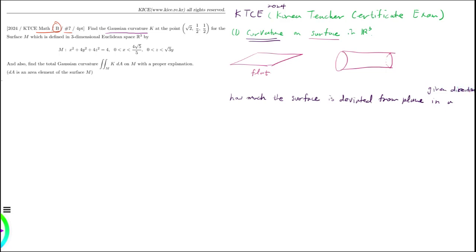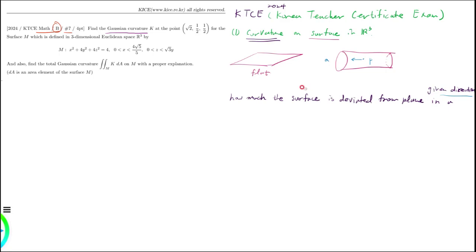The direction is important because for the case of a cylinder, we can think of two directions. For a given point P here, in the first direction, let's call it direction A, the surface is not bent or not curved in this direction.